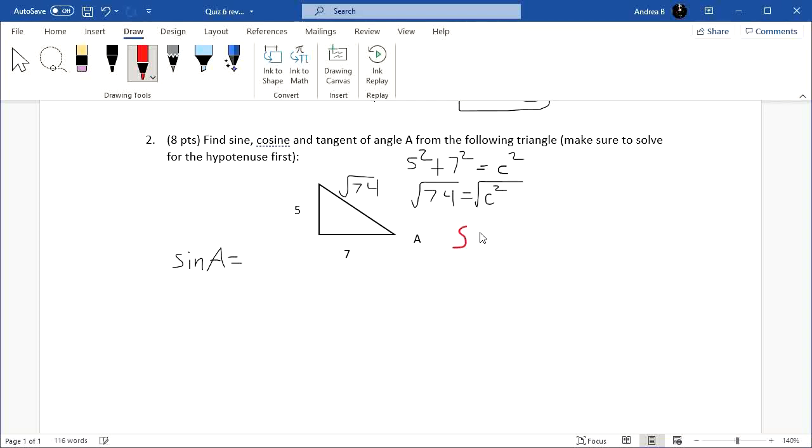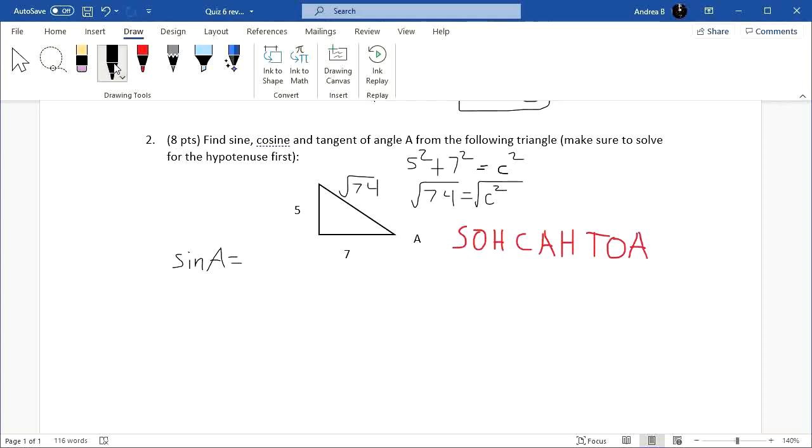We can use that acronym SOHCAHTOA to help us remember which sides to use. The SO part means sine is equal to opposite over the hypotenuse. The CA part means cosine is equal to the adjacent over the hypotenuse. And then the TOA means tangent is equal to opposite over its adjacent side.